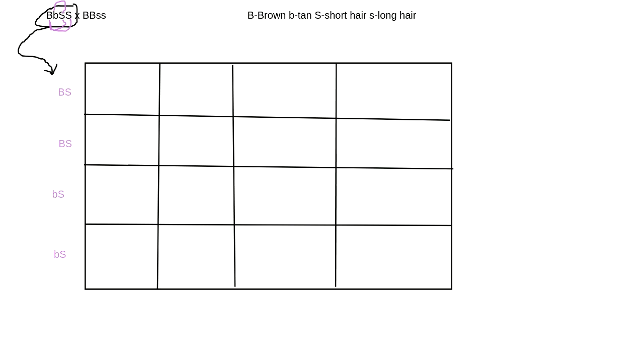Our next parent, we'll set that up on the horizontal part here. And if you've got two of the same alleles, you actually can do a shorthand.